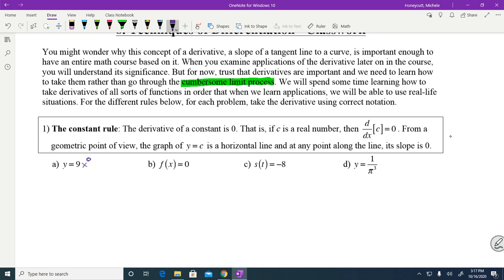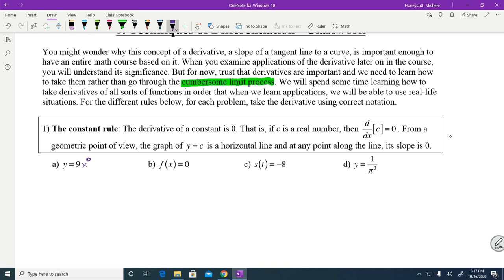So I haven't changed what this means. I just changed the way it looks, because really I have 9 times 1, which is 9. But to be able to take the derivative, I need a constant times an x.